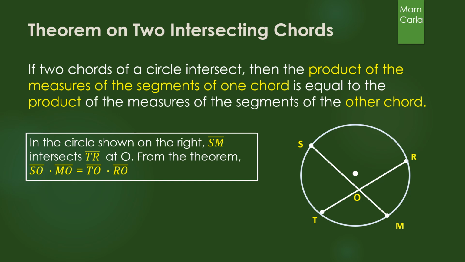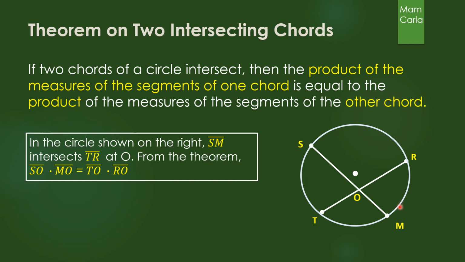Let us try to define the theorem on two intersecting chords. If two chords of a circle intersect, then the product of the measures of the segments of one chord is equal to the product of the measures of the segments of the other chord.